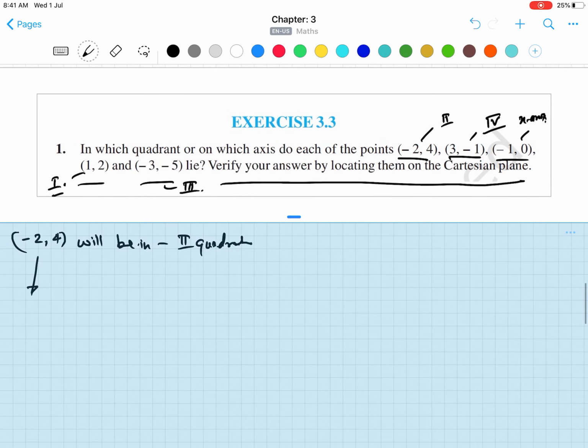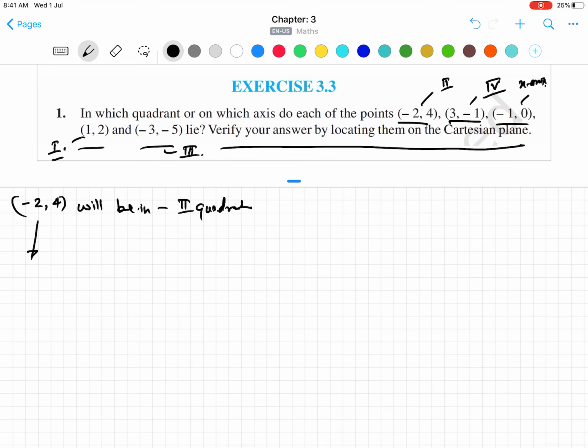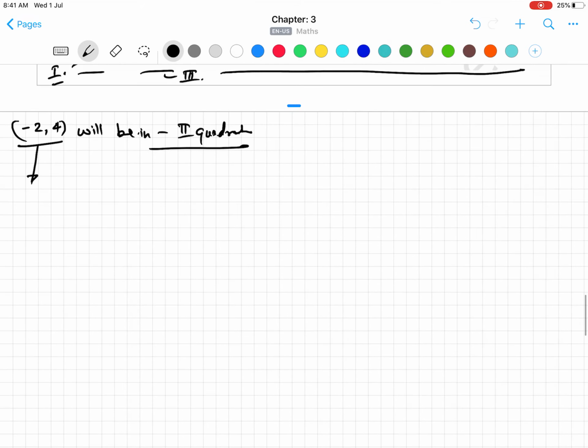I have given you the answer: first point in the second quadrant, second point in the fourth quadrant, third point on the x-axis, fourth in the first quadrant, and fifth in the third quadrant. You have to write it like this, and so on for the remaining points.